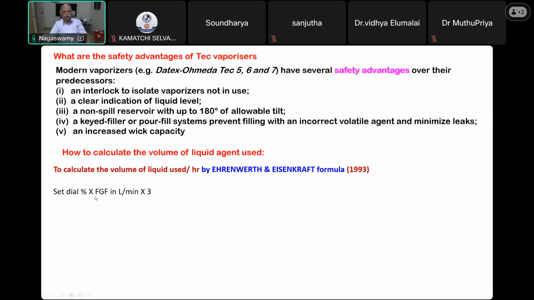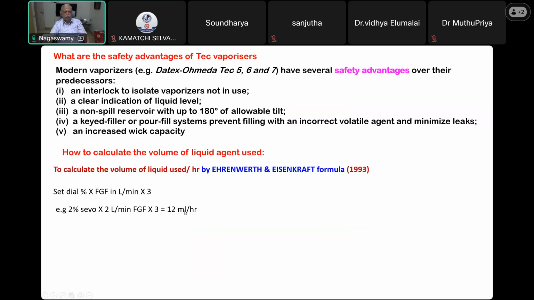All these 3 things have to be taken into account. For example, if you use 2% sevoflurane at a fresh gas flow of 2 liters, we multiply by 3, and the total will be 12 ml per hour.